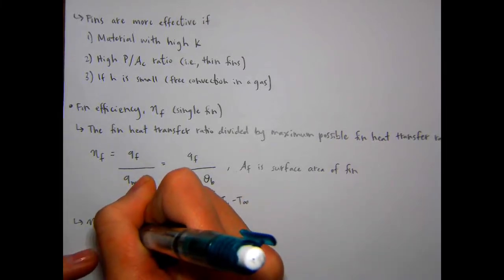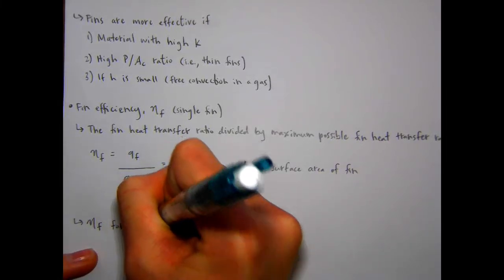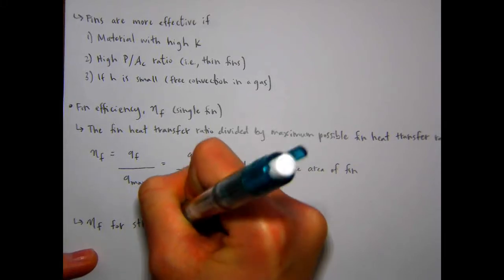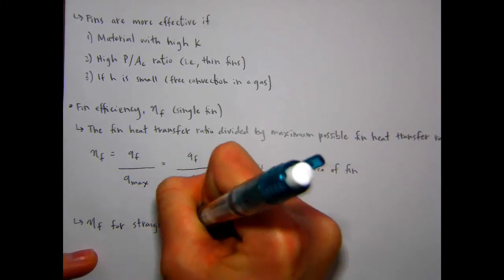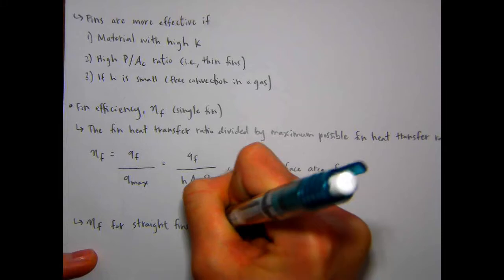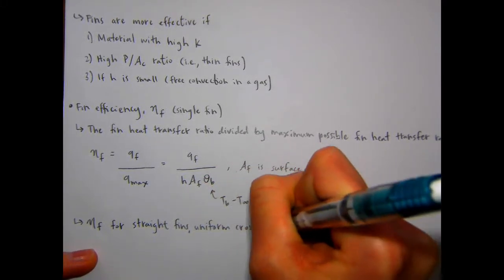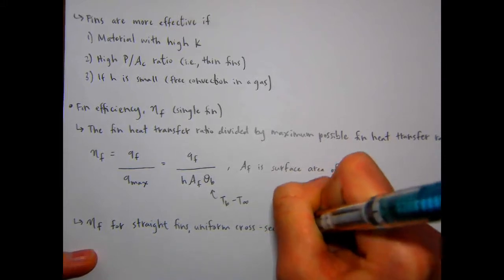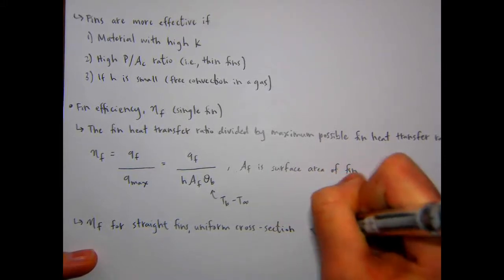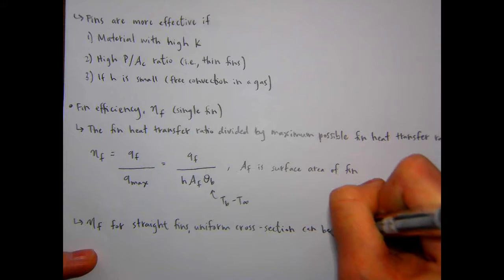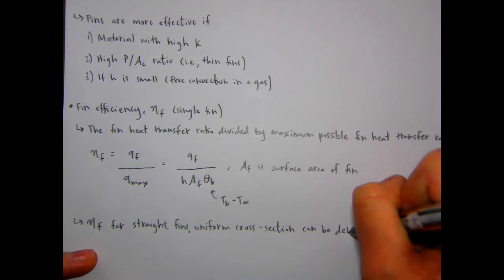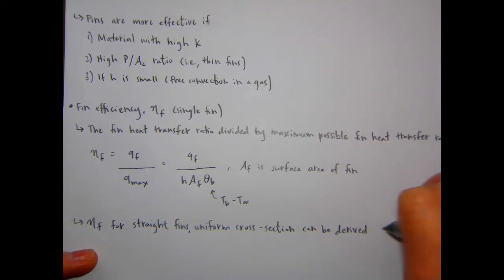So the efficiency for straight fins, uniform cross-section, we won't write out explicitly the equation for each of them, but you have all of the expressions for the 4 different cases.